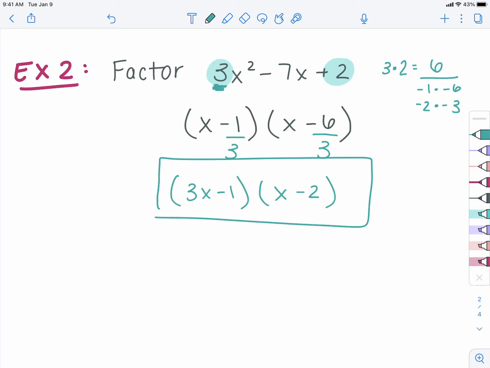So if you wanted to double check yourself, absolutely. So if you get to here and you're like, oh, did I pick the correct factors? Did I simplify correctly? All you have to do is go back in and FOIL it.